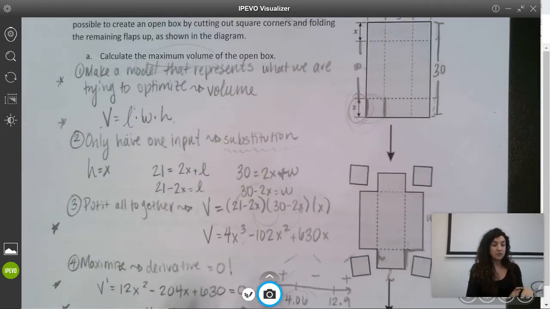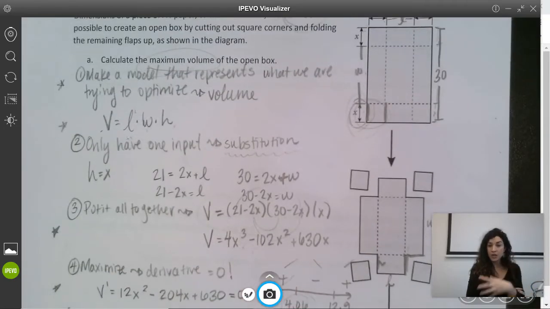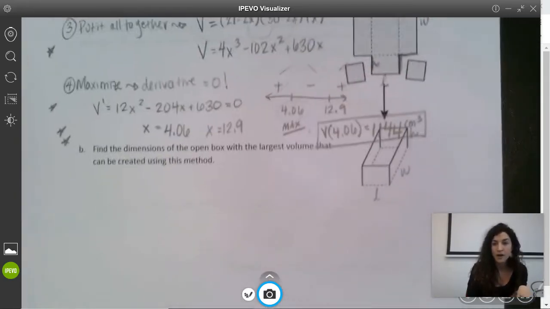What dimensions has she put together? What has she labeled? What functions has she put down? What is she doing that makes it make sense? And then you need to do that for yourself, right? My job is to make it make sense, but your job is to find what I'm doing and say, oh, I need to do that in order to make it make sense for myself. That is your job. So let's figure out how to get you to do that.